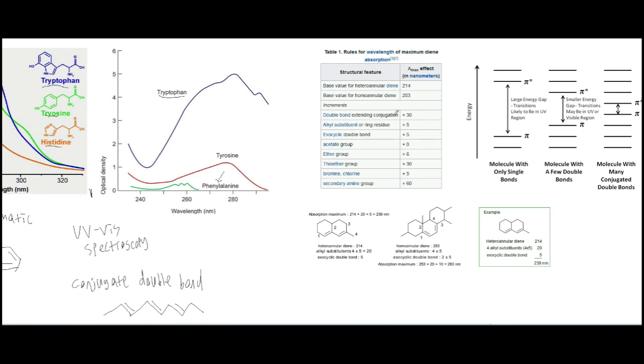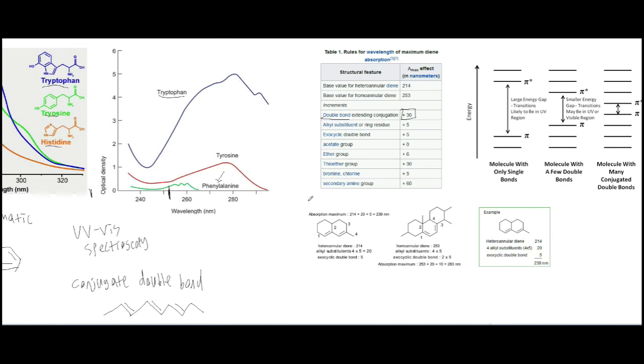If our base value has the double bonds within the same ring, then it jumps up to 253, which would be somewhere like around here. And then every time we add another double bond, we add plus 30 onto the wavelength of the maximum peak.